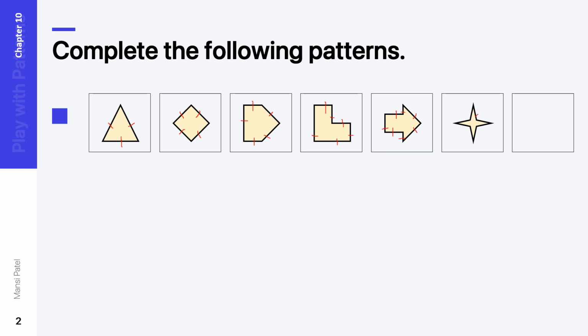See here, 1, 2, 3, 4, 5, 6, 7 and 8. In this shape, there are 8 sides. Now, in the next shape, how many sides? 9 sides. See here, how many sides does this star have? 1, 2, 3, 4, 5, 6, 7, 8 and 9. 9 sides are there.